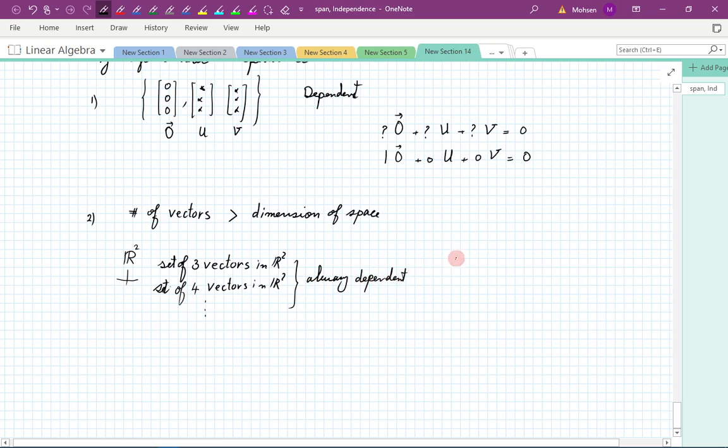So let's write an example. Suppose I give you a set with some ugly numbers, say 5 and 11, 75 and 23, and 15 and minus 93, and so on. These vectors are in a two-dimensional space. They have 2 components.